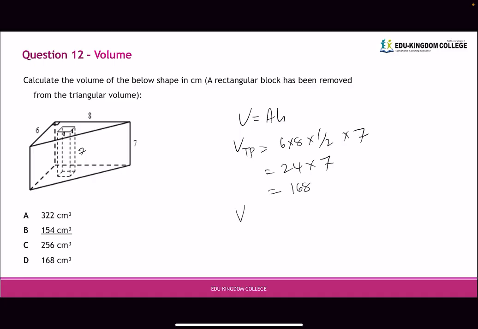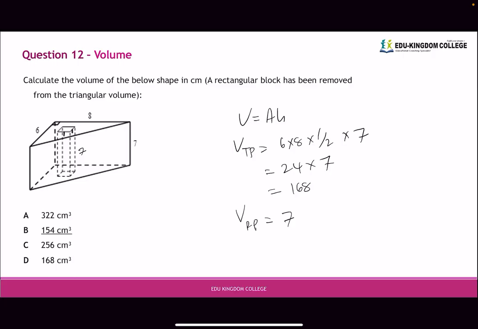Now, V of the rectangular prism equals 1 times 1 times 7, that's just 7. So 168, hold on, I might have done the maths wrong again. No, I haven't. 6 times 8, 48, times half is 24, times 7: 140 plus 28 is 168.